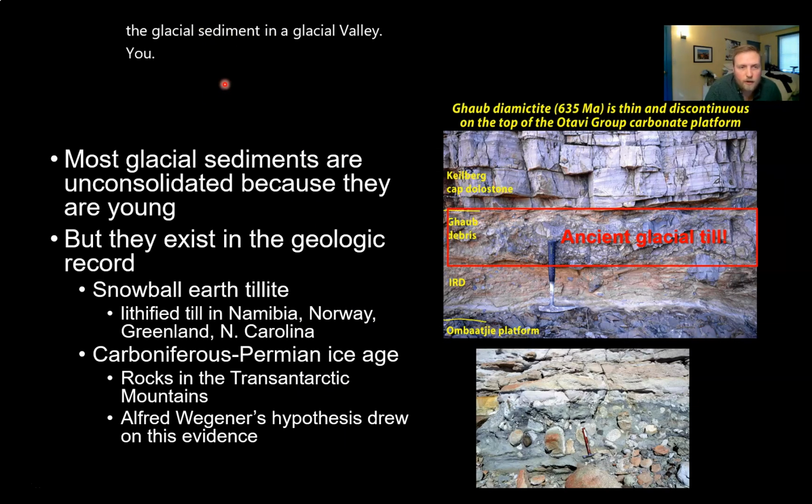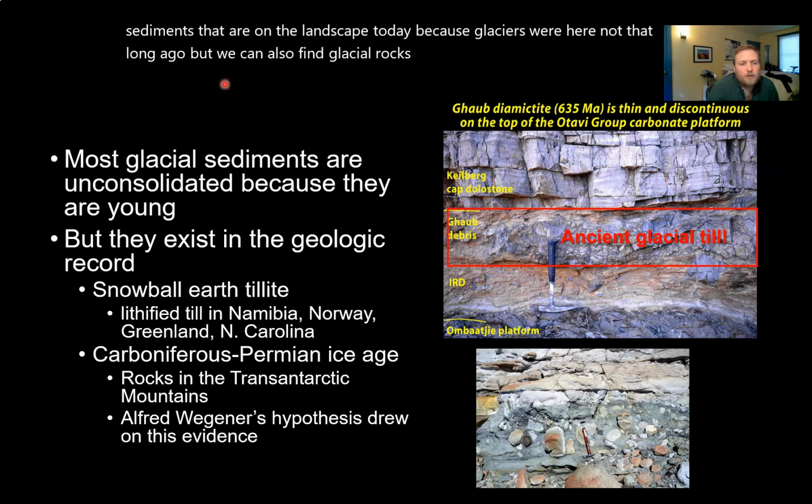Now what about glacial sediments as rocks, right? So we know a lot about glacial sediments that are on the landscape today because glaciers were here not that long ago. But we can also find glacial rocks in the geologic record that are much older and lithified, meaning they are hard rock.